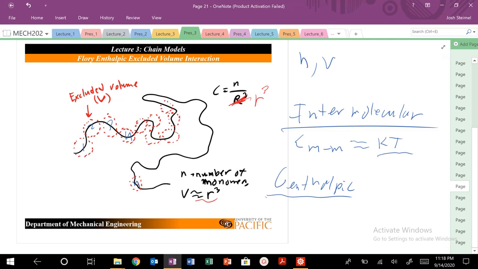So my G enthalpic interaction is going to be, and each time a monomer interacts, it has an interaction energy on the order of kT. So it will depend on k, T, N, and v directly. As I have more monomer units and more excluded volume, there should be more probability that those interactions occur.